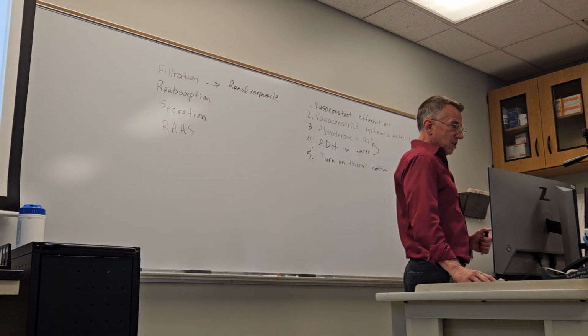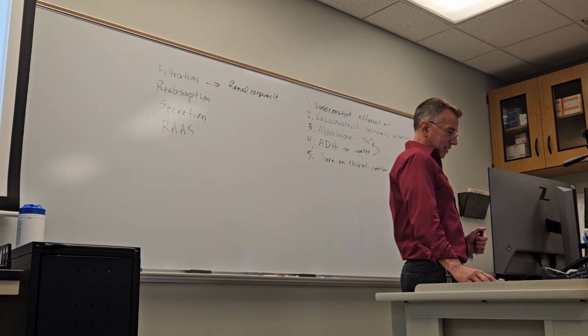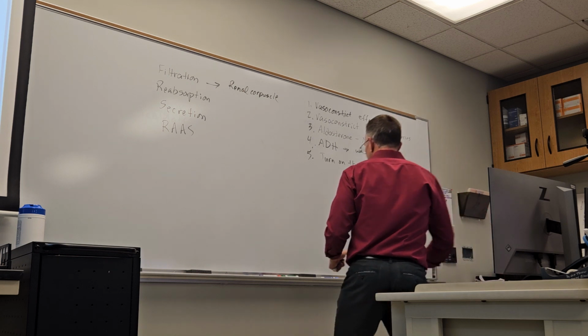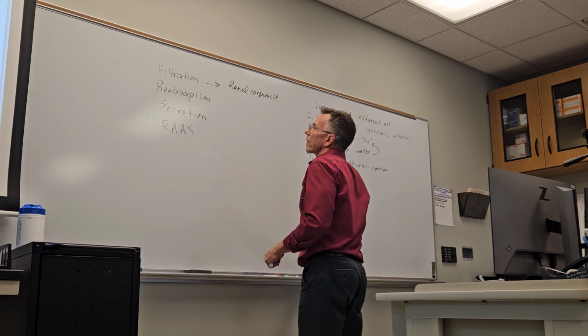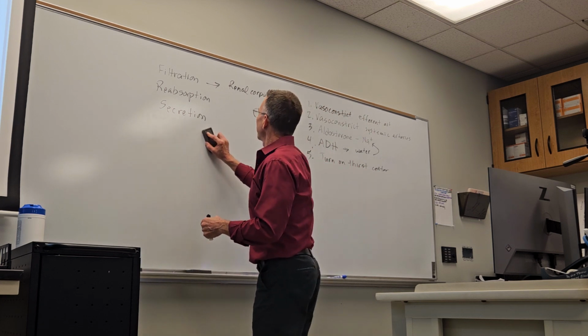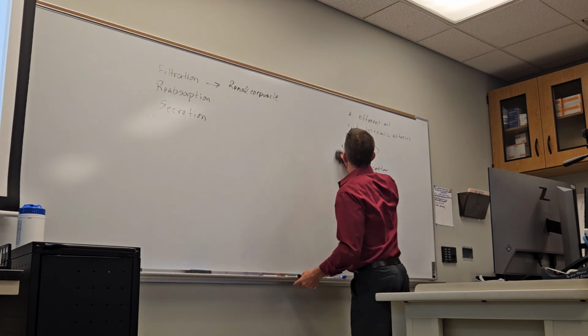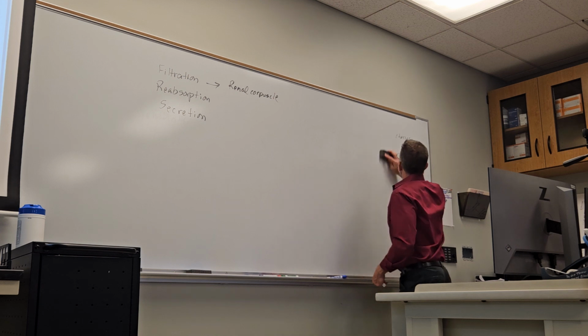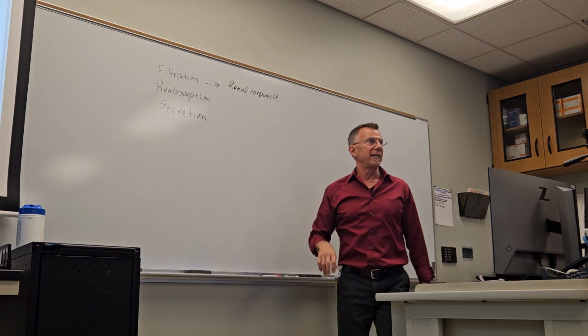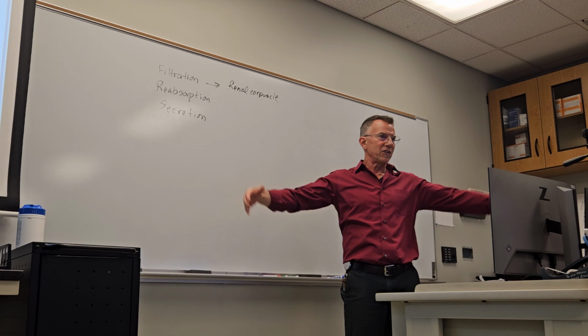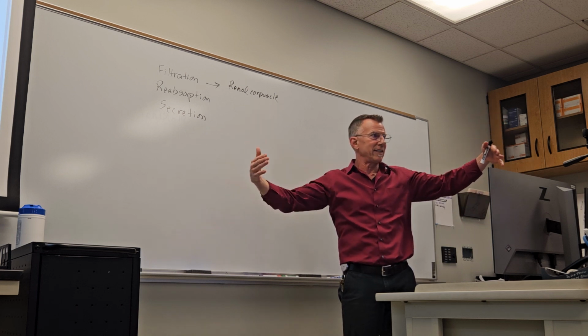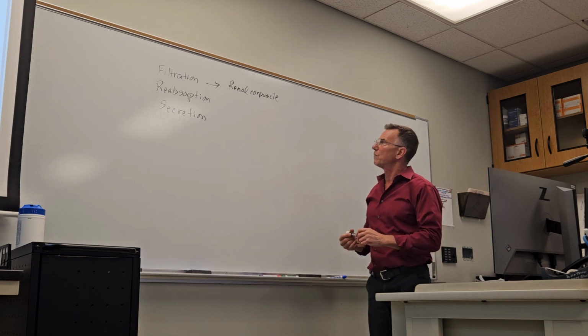All right, and okay, let's do some numbers. So this is still all about regulating GFR. Oh my God, can you imagine how much of this was dedicated to maintaining proper blood pressure and blood volume and GFR?